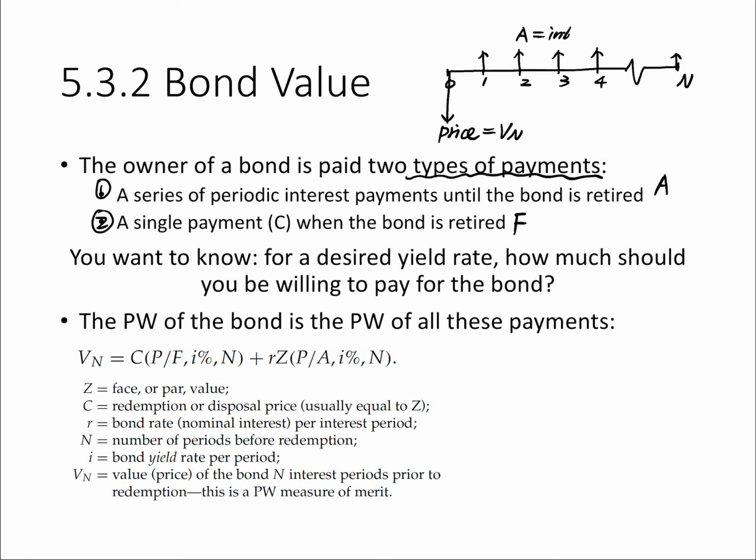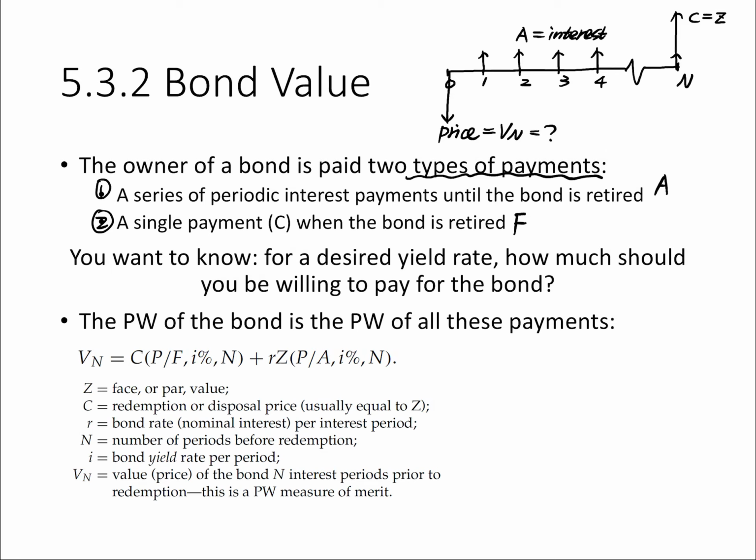So every compounding period, you get some interest, okay, so that is A. And then in the end, you get an additional lump sum, which is called C, the redemption, okay? And usually C equals the face value of the coupon. So this is a generic cash flow diagram for the bond problem.